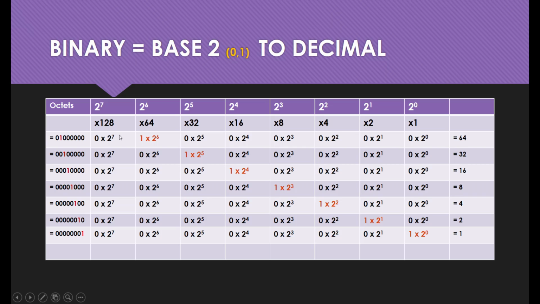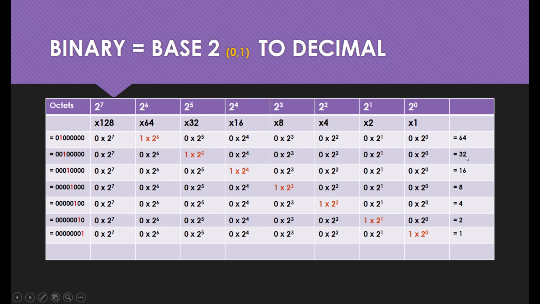That's what we have here. If you multiply all that and add all of them up, what you get for this first one is 64. And you also see the next one, what we will get to is 32 and down. So what this means is that this binary number 01000000 is actually 64 in decimal.